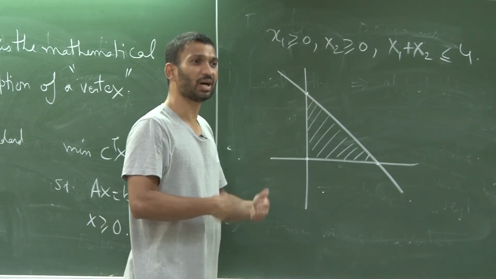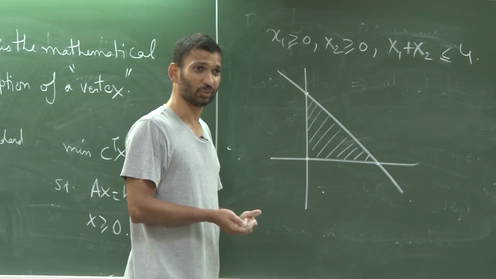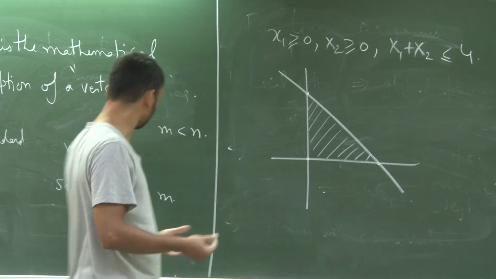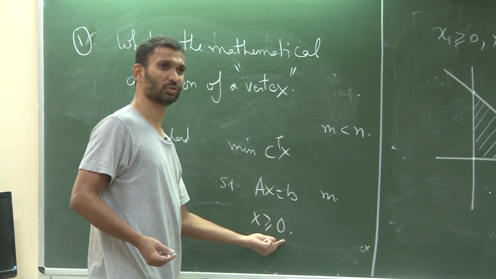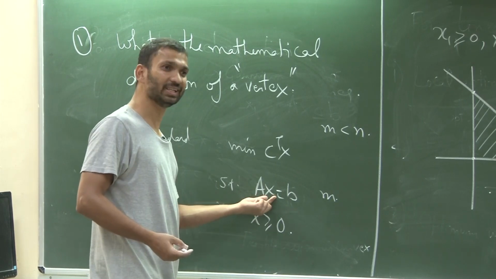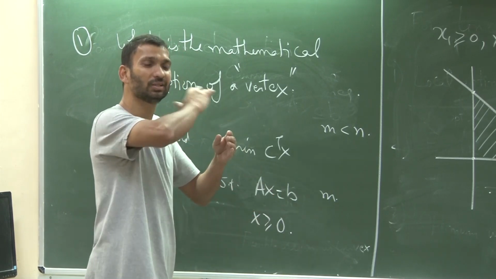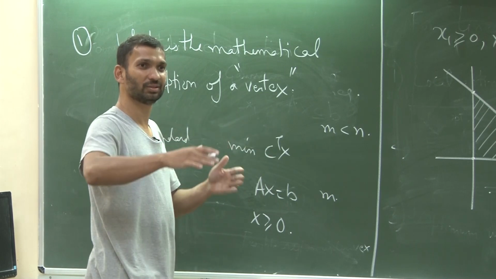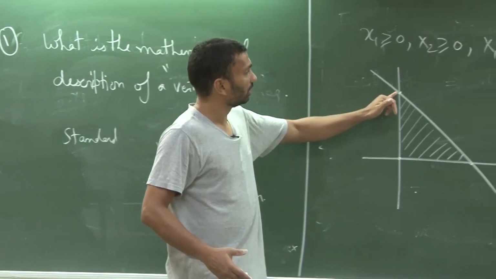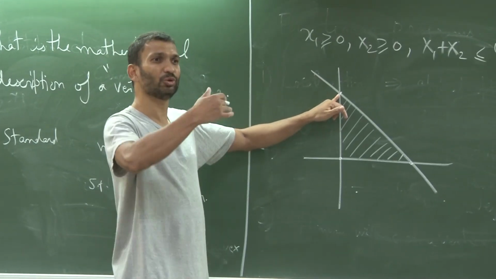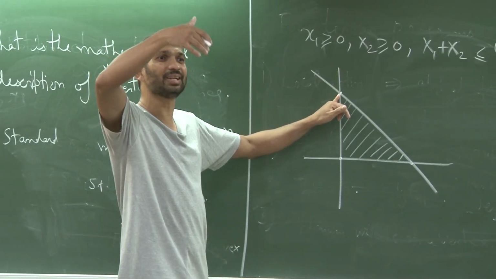Many of the coordinates are becoming 0. This is because we have changed this to equality, and this is greater than or equal to 0. So basically, this is a linear subspace which is going to cut into orthants. So then your vertices will have a certain number of zeros.